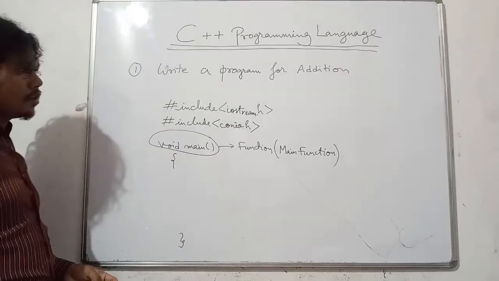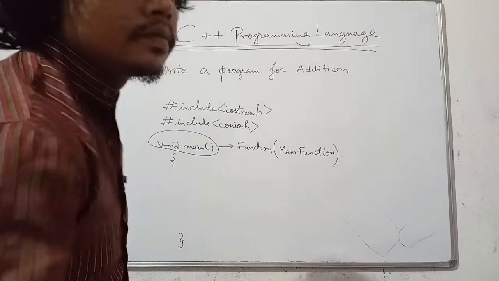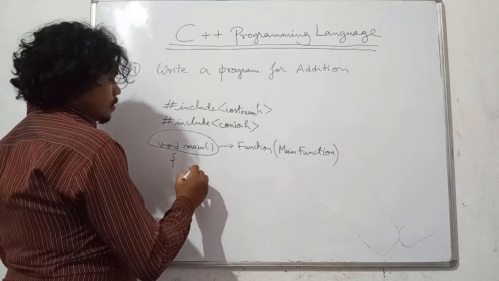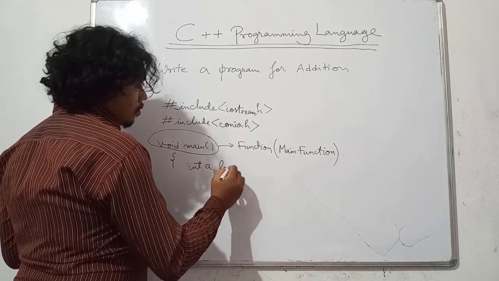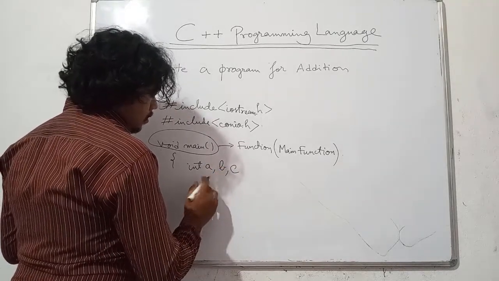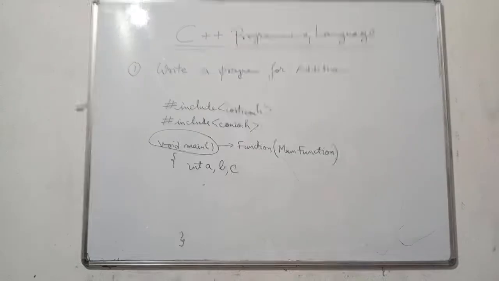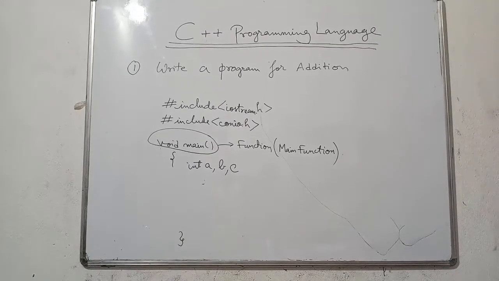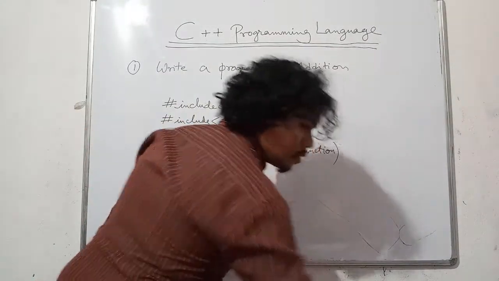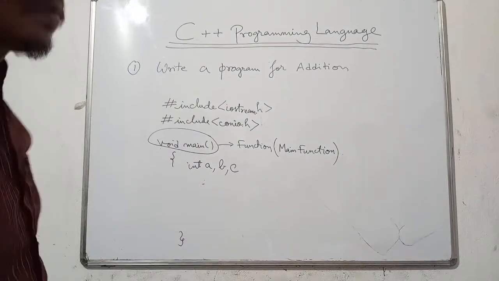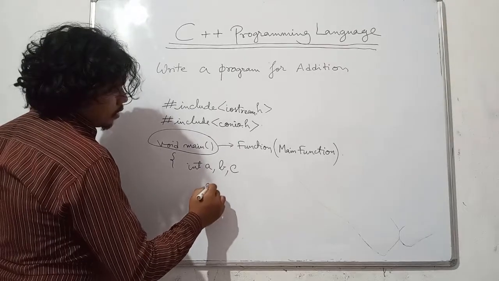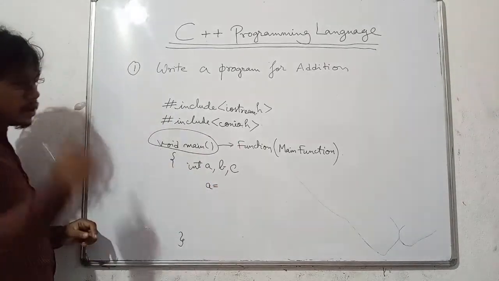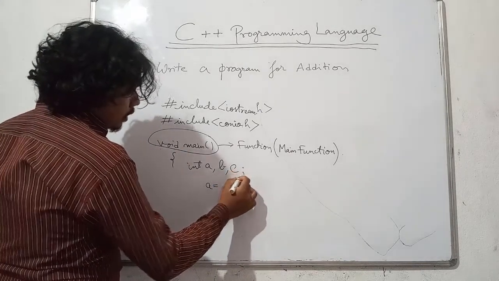Now, what we have to do? Input A, comma B, comma C. We are going to take values. Suppose we have declared, declaration.